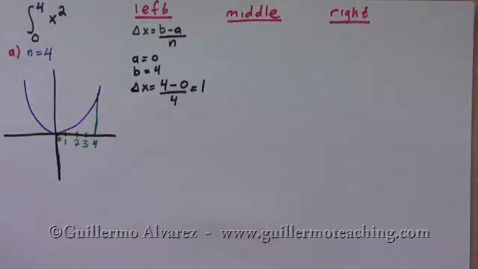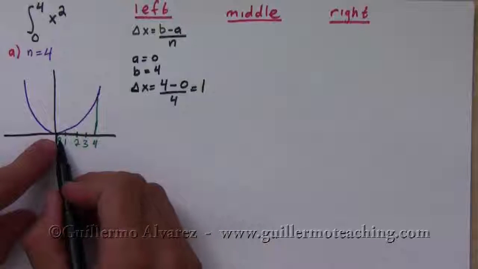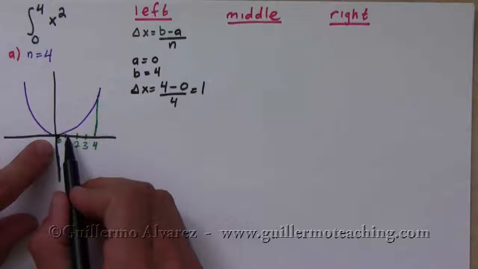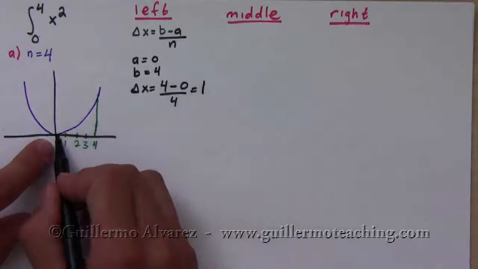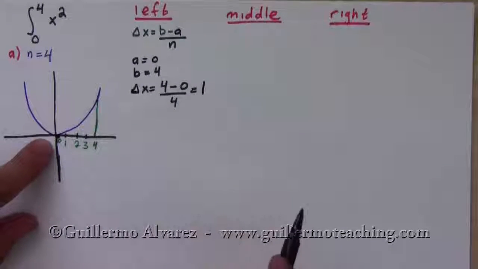So, for example, here for the left-hand approximation, I'm going to start off at 0. Remember, we said that's going to be our first point. And the next one is going to be a distance 1 away. So I would use 0, 1, 2, and 3.